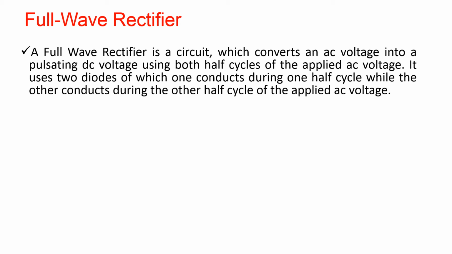Means for the positive half it is converting into DC, and the negative half of AC voltage it is also converting into DC. And for this purpose we require two diodes, of which one conducts during one half cycle while the other conducts during the other half cycle of the applied AC voltage. Means any one of the diodes will conduct at a time.